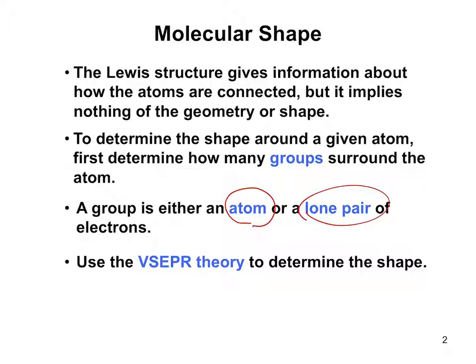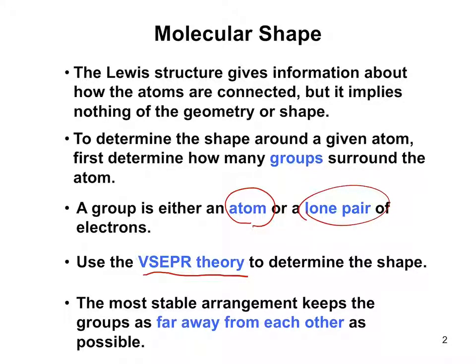What we're going to use to make the prediction is something called VSEPR theory. This stands for valence shell electron pair repulsion theory. It's got a long name, but basically it's the idea that you can make a prediction about the shape around a central atom. You can actually look at big molecules with this theory too, and we'll try to do that in a little bit.